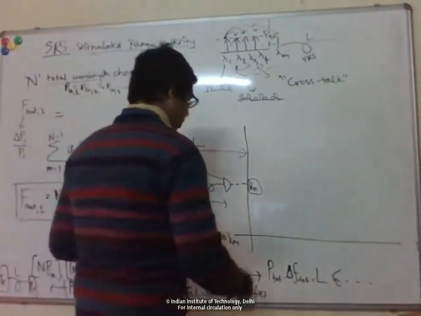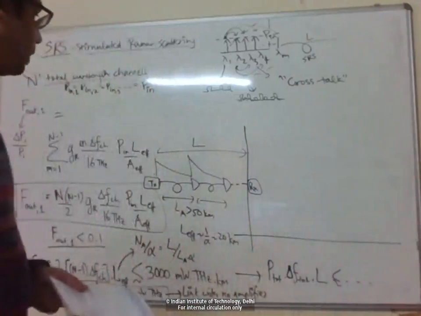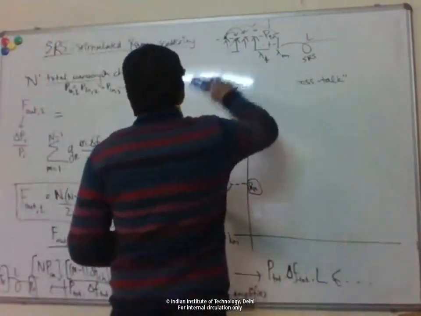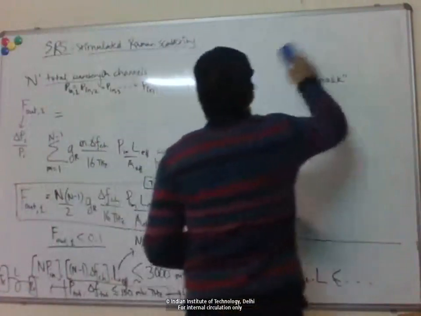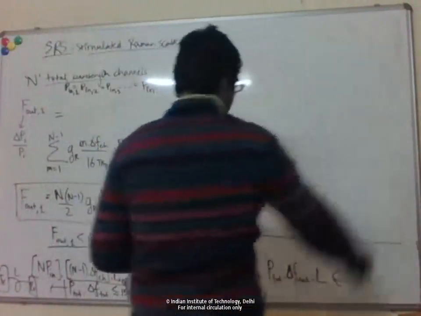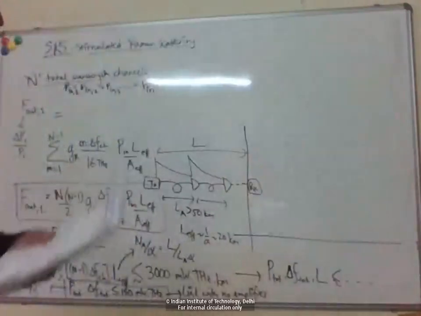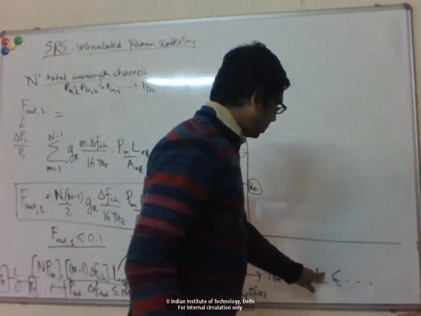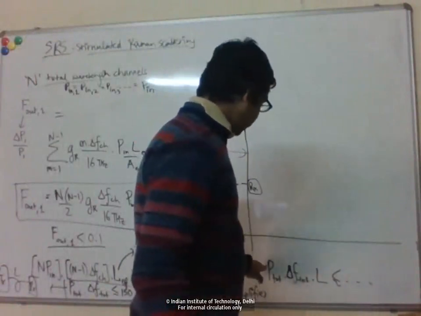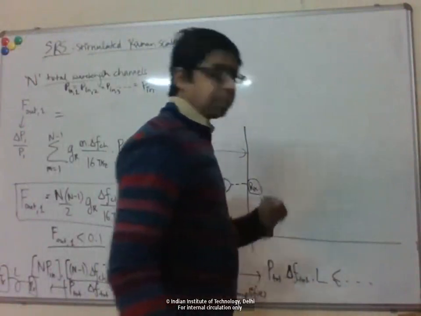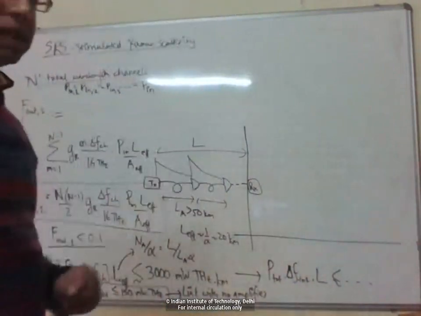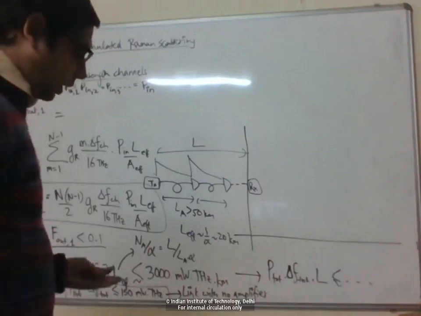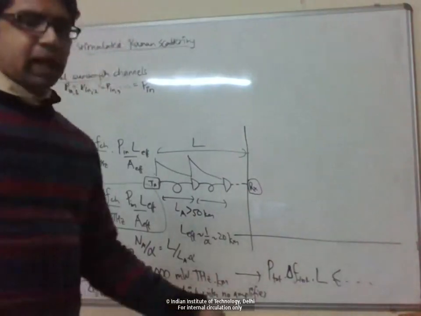Okay, so I can see this graphically. Again, if I want to increase the link length, then I have to reduce the transmitted power, which is opposite to what I actually want.